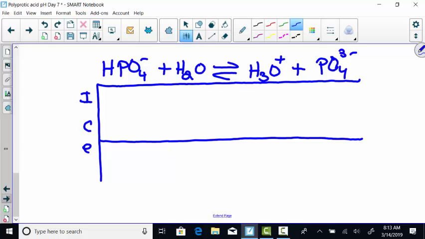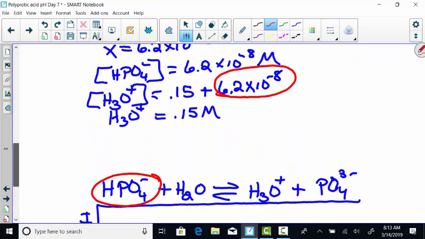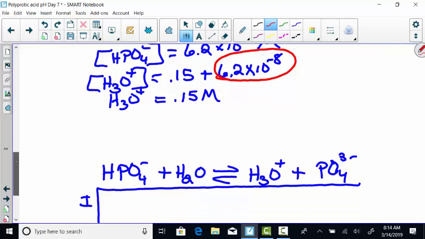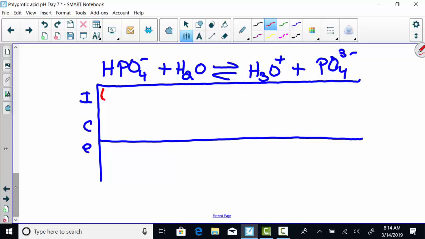But here's the issue. What is the initial concentration of HPO4? Well, we have to go back up here, and it's right here. That initial concentration is 6.2 times 10 to the minus 8. Water doesn't matter.